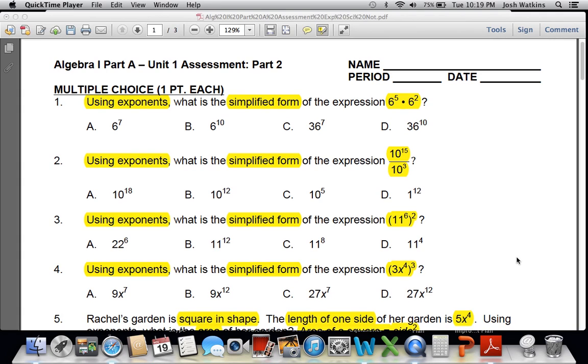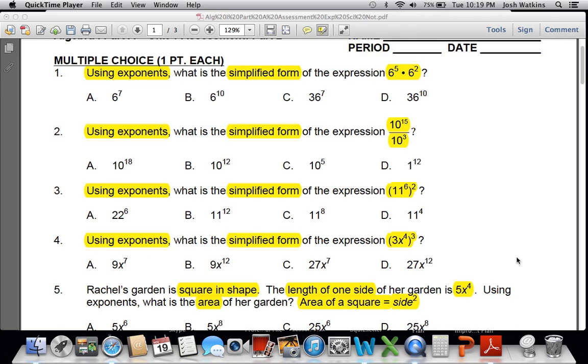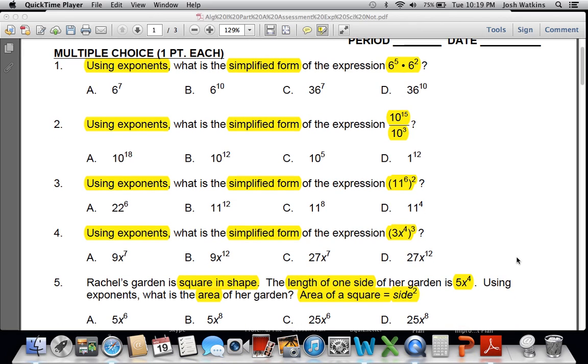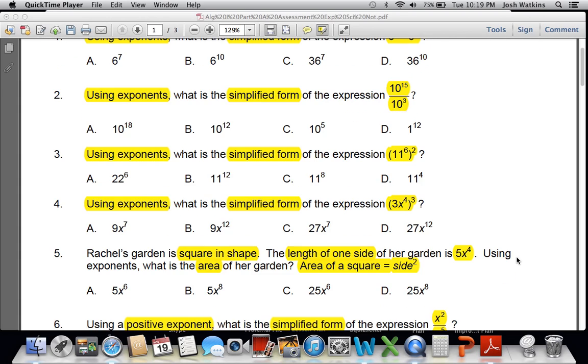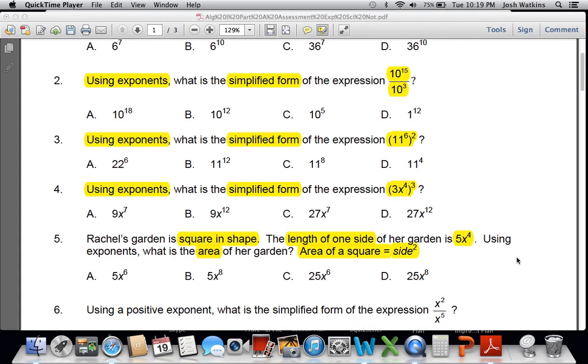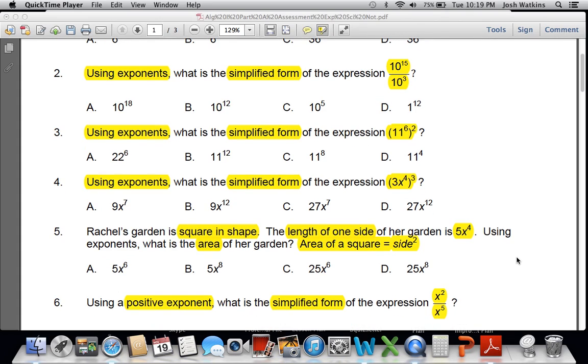Number 4, using exponents, what is the simplified form of the expression 3x to the 4th raised to the 3rd power? And remember, in numbers 1 through 4, your properties of exponents for division, multiplication.